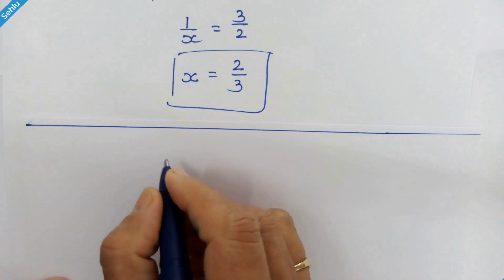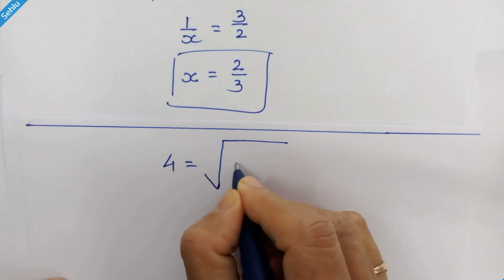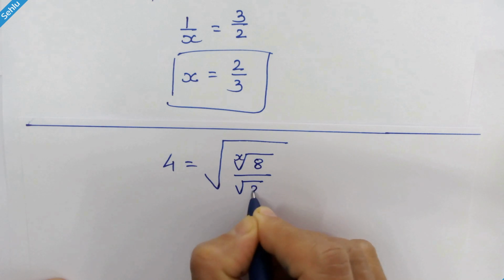Now let's check our answer quickly. So our given equation is 4 is equal to square root of x root of 8 upon square root 2.